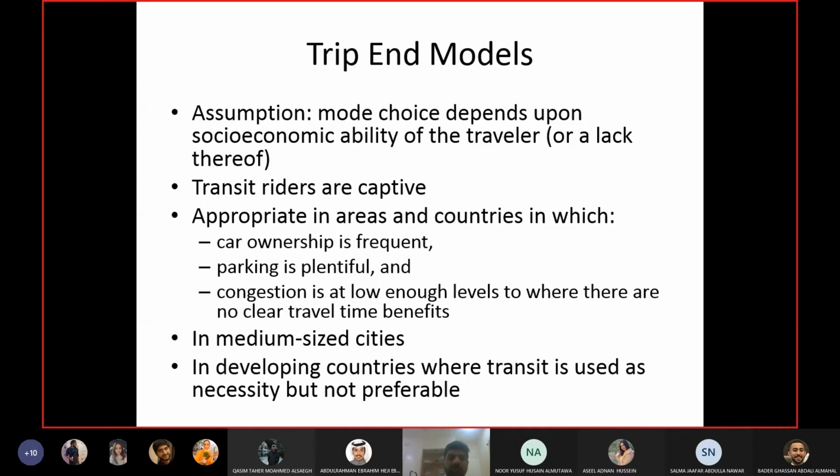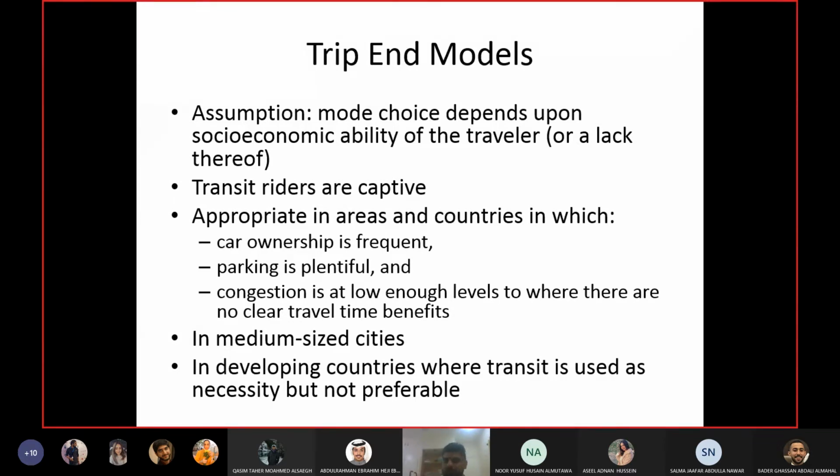So these trip end models are applied. What these models will tell you is that if you have a traveler of this socio-economic background, then he can only go by this mode, and that's it.